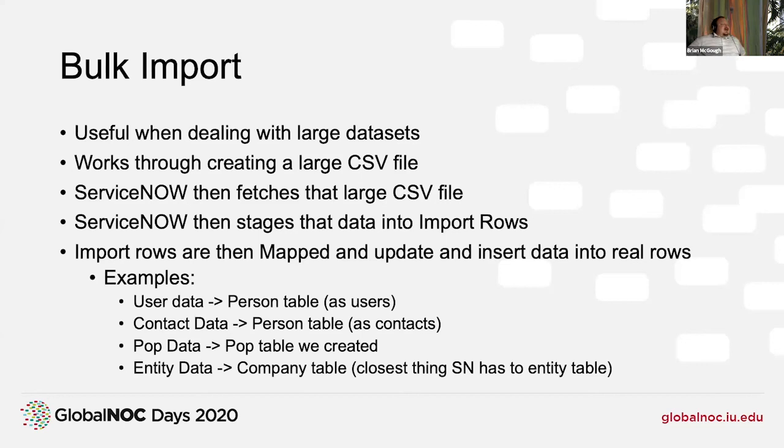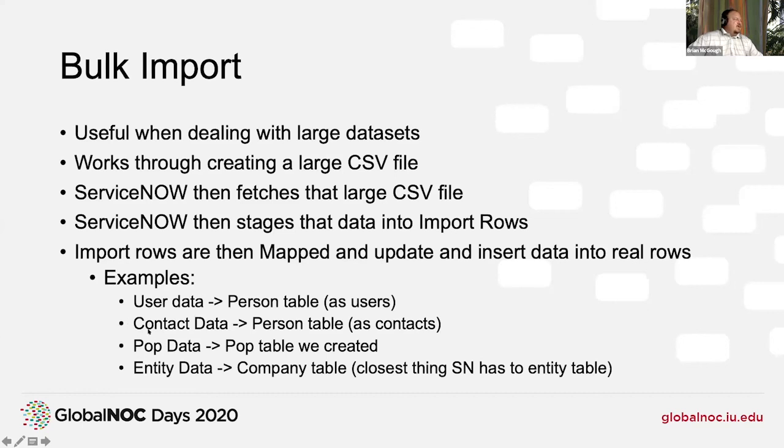We're loading the contacts from all of the different GlobalNOC DB instances, so it ends up being quite a large data set, all the entities and those kinds of things. It's not the kind of thing where we would want to loop and do one REST API transaction for each row. This is much more efficient for bringing data from a source of truth into ServiceNow.